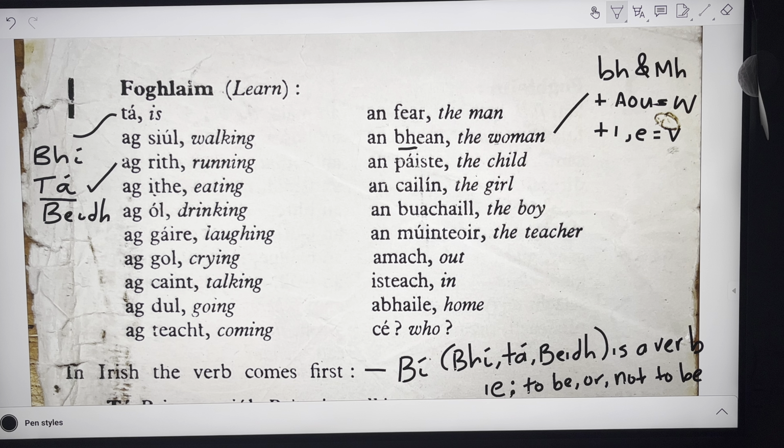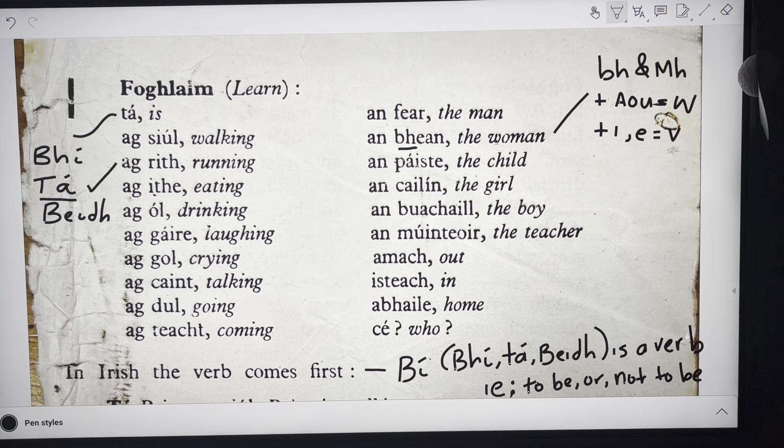Now for those that are in my class, this is the word I always teach you to watch out for. Teach, T-E-A-C-H, house. Ag teacht. You can hear the T in this one. Ag teacht, coming. And fear, the man.